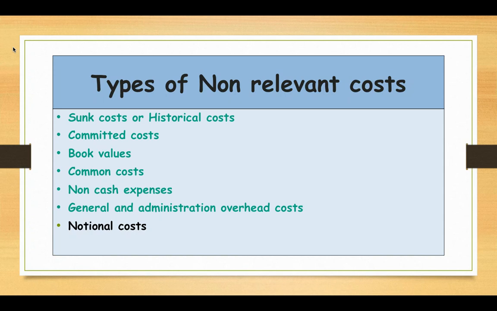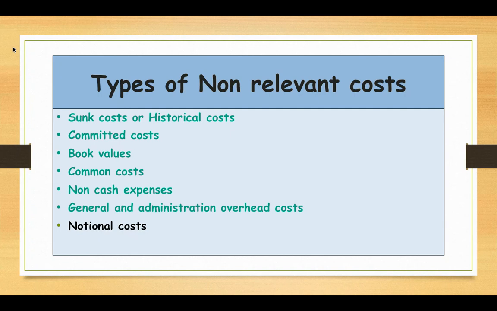The next one, book values of an asset. The book values are not relevant because these are based on the past cost. So we have seen some types of non-relevant cost. Now, relevant and non-relevant costs are mutually exclusive.